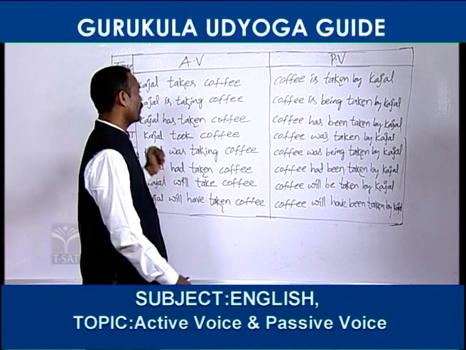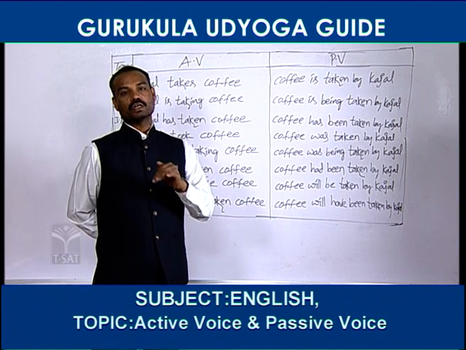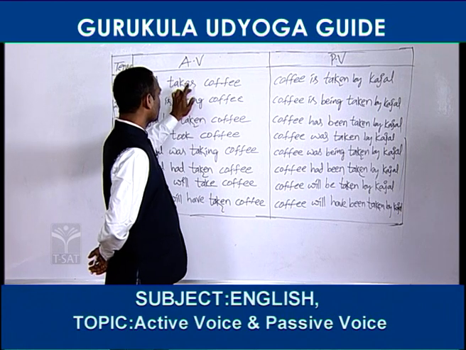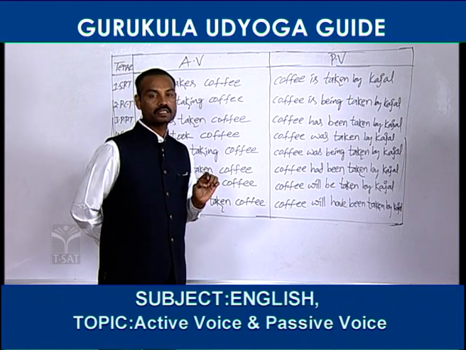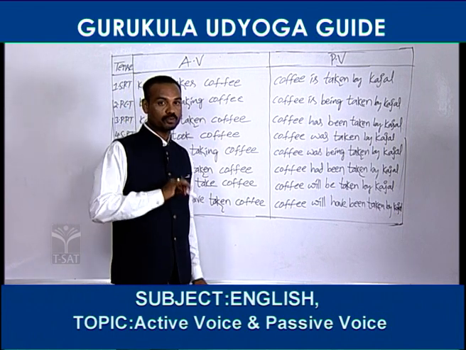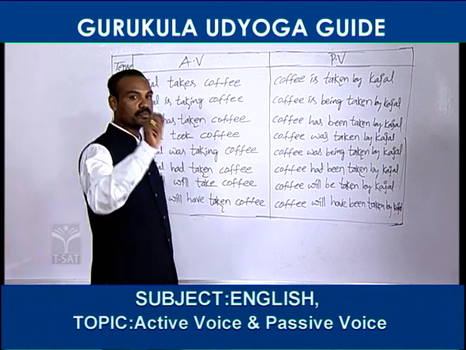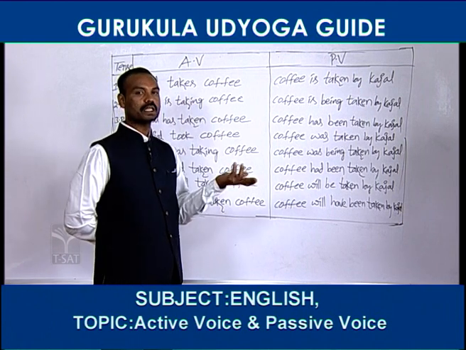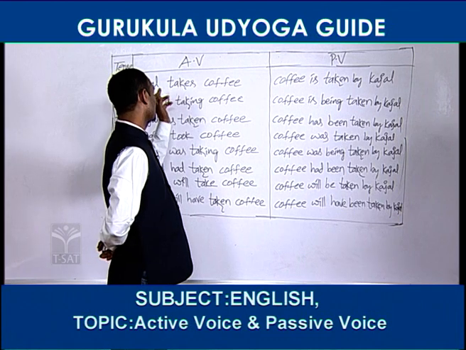Okay. Now I am going to give you an example which contains a plural object. Kajal takes fruits. Fruits, plural. Is it plural or not? Fruits, plural. So Kajal eats or takes. You can think eats or takes. You can take any verb.